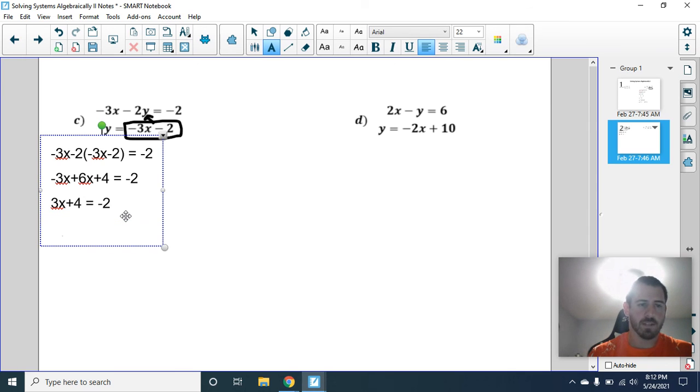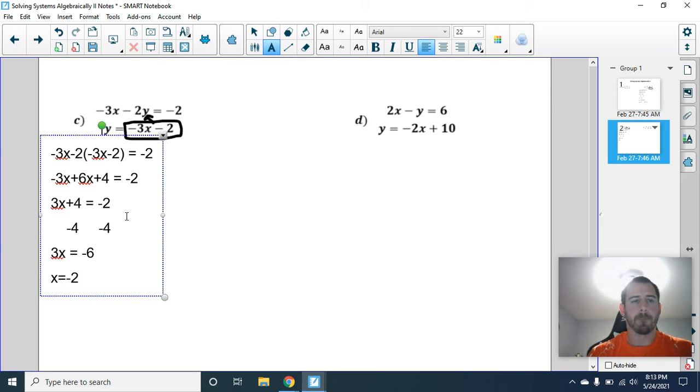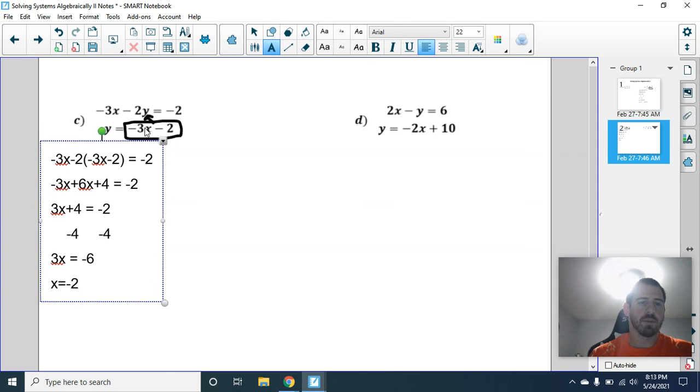Okay, so we're going to subtract that 4 from both sides. We get 3x equals negative 6. Divide by 3, and we will get x equals negative 2. Okay, and similar to the last problem, plug it into the bottom equation. It is a lot easier.